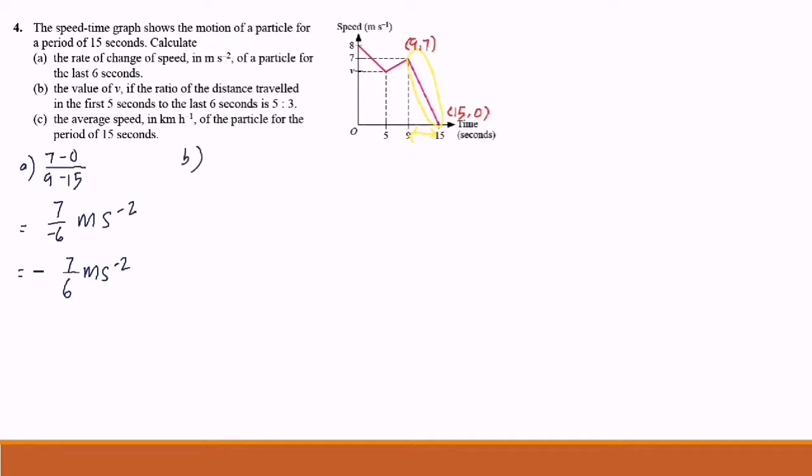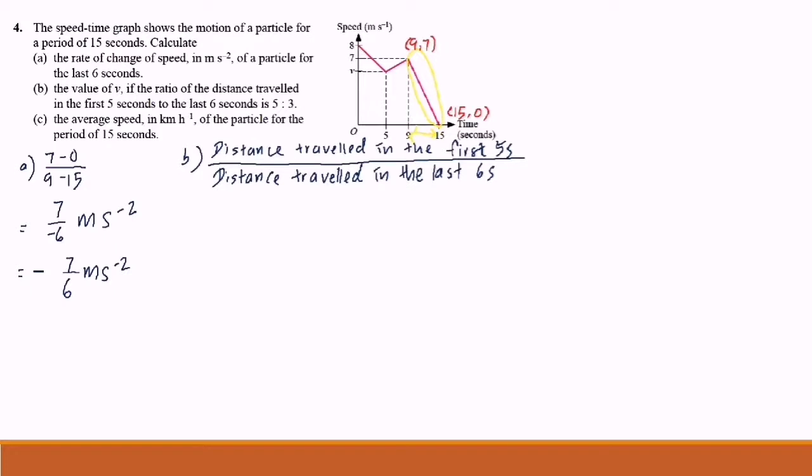B. The value of V if the ratio of the distance traveled in the first 5 seconds to the last 6 seconds is 5 to 3. This answer we need to write in fraction. Distance traveled in the first 5 seconds over distance traveled in the last 6 seconds equals 5 to 3. Distance traveled in the first 5 seconds is this area.